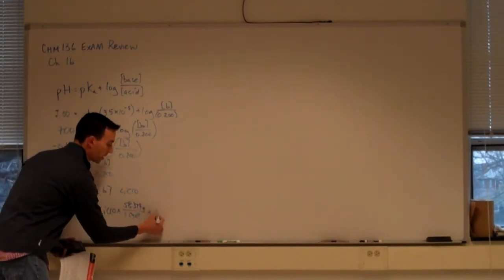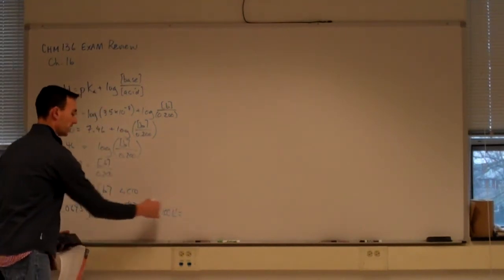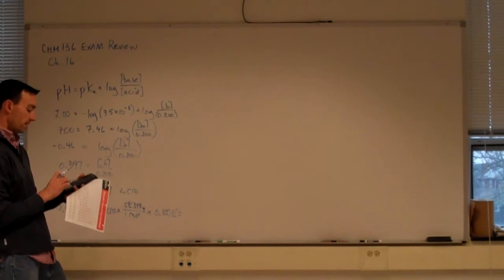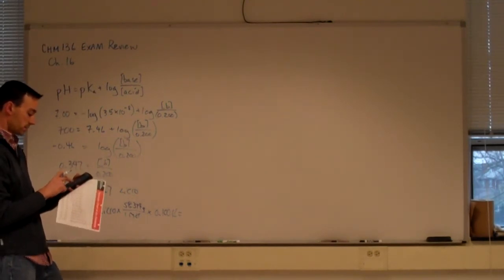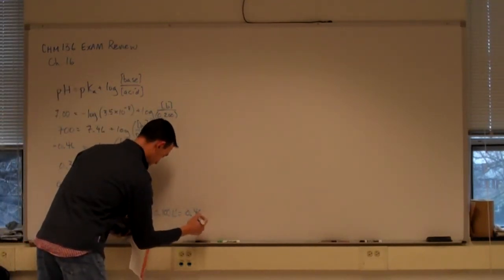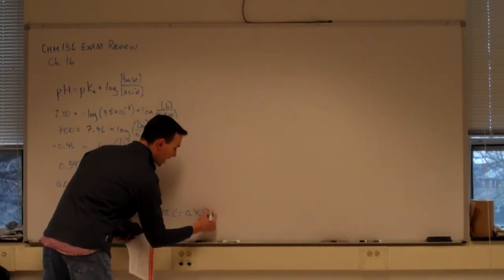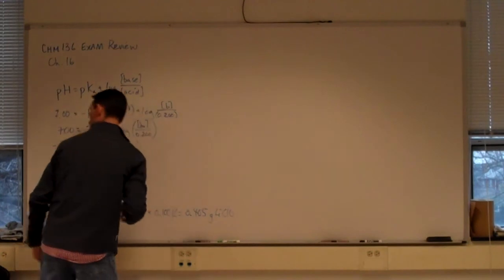And then if we multiply by the 0.1 liters, we'll see that we get the mass of lithium hypochlorite. So we should need 0.405 or 0.41 grams of lithium hypochlorite.